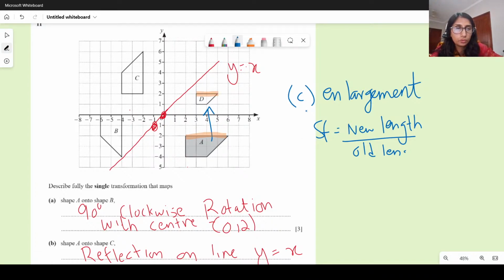New length over old length, which is 2 over 4, which is half. So it's an enlargement with scale factor half, and I also need the center of enlargement.